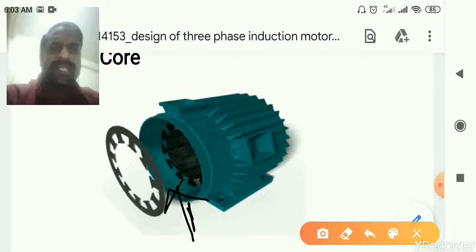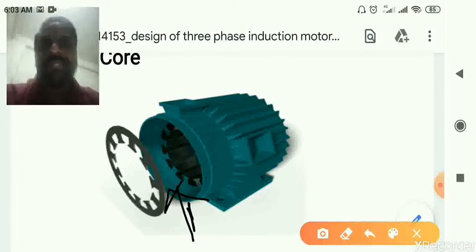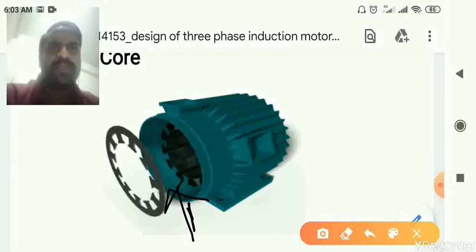And you can see in this picture, the outer periphery of this stator core is slotted, and the conductors are normally housed in these slots of the stator core, and they are connected to each other and form the winding called the stator winding.